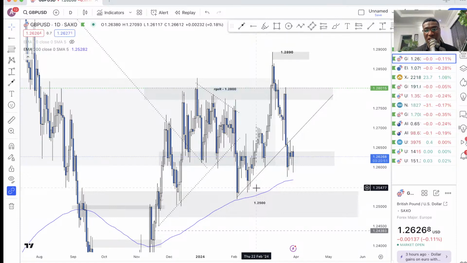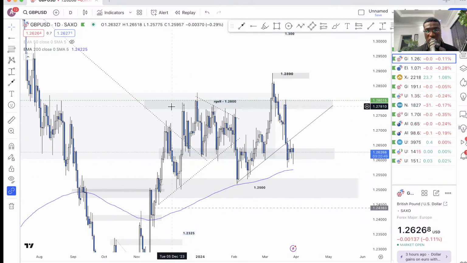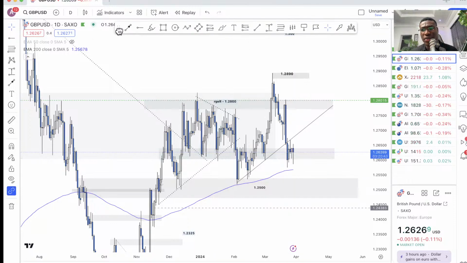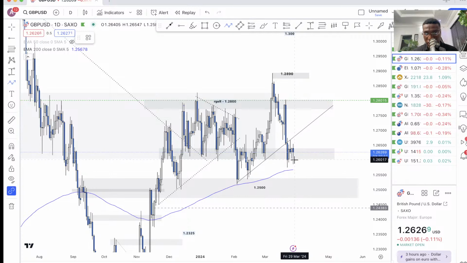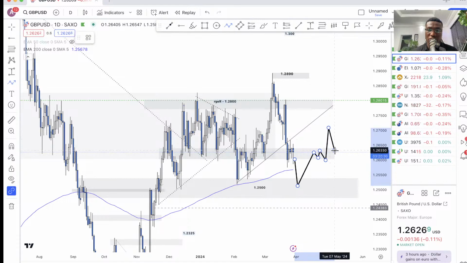But with the ranging market, it's kind of limited, because now you know that if you're going to be waiting for this market to get here, let's say, let's do this. So let's say you're waiting for the market to get here, so you can look for buy opportunities that you can target this level. If you see some rejections and a breakout, retest, you buy again, add more positions, and then we're targeting this level next, right?